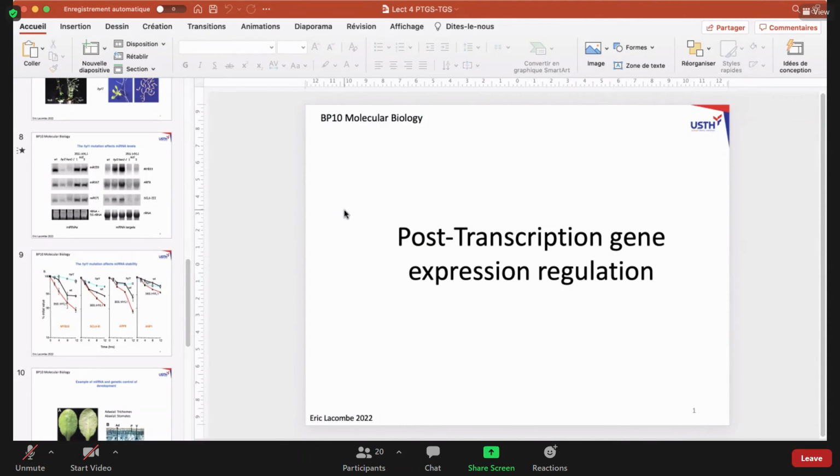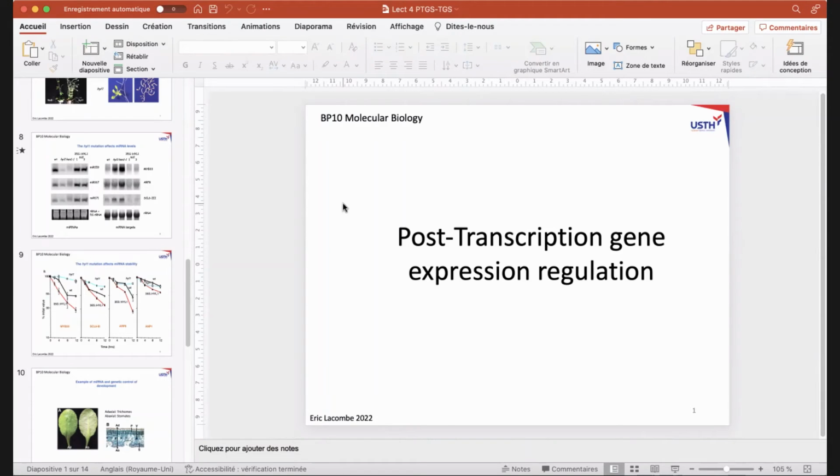So in other words, after the transcription process by the DNA polymerase, the mRNAs are produced and they are not directly going to be translated into proteins, but there are very precise systems that are going to degrade the RNA in order to modulate the quantity of the RNA of a specific gene.